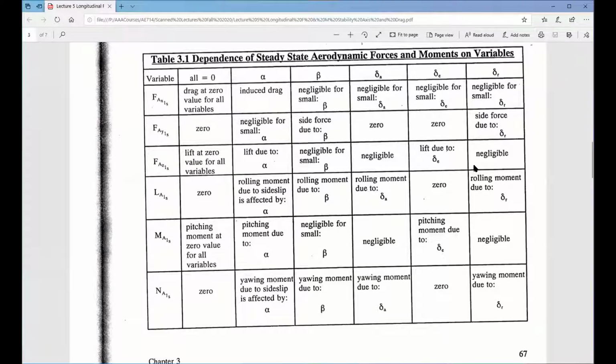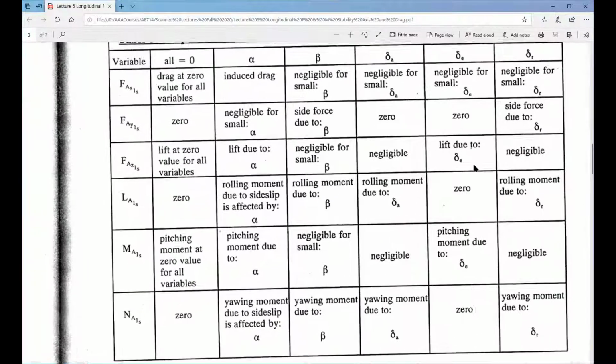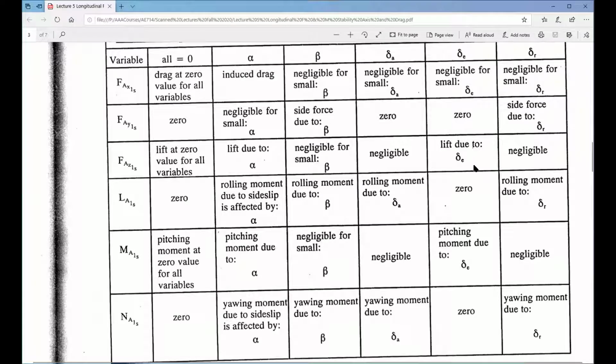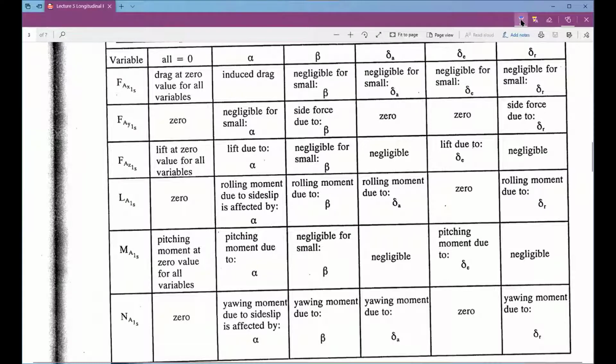All right, so this is essentially a math model of what variable affects what. Let me get my blue marker out. Here is the aerodynamic force in the x1s direction. We're going to say that it's going to depend upon alpha, not beta.